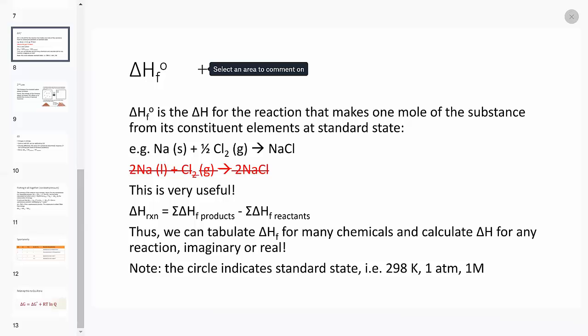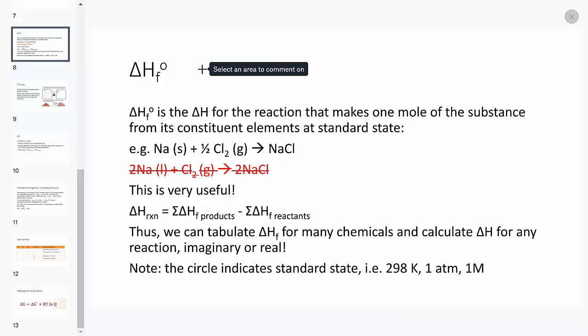It means we are at 298 Kelvin, since room temperature is about 298 Kelvin, at 1 atmosphere of pressure, and all concentrations are 1 molar, so 1 mole per liter.